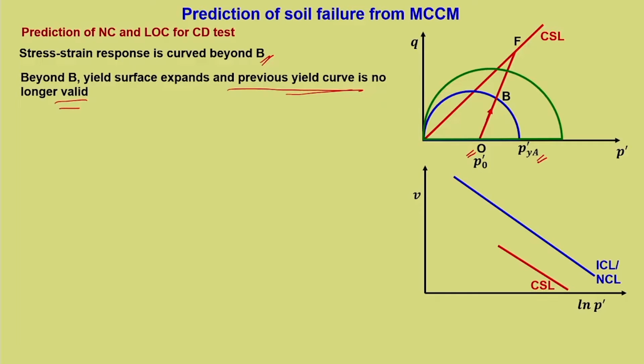So, that yield curve which is passing through the point of intersection of effective stress path with the critical state line is this particular point F. So, this intermittent point is given as C, that is point of intersection of ESP with the green yield curve, which is an intermittent yield curve, and then the final yield curve is given as red one.